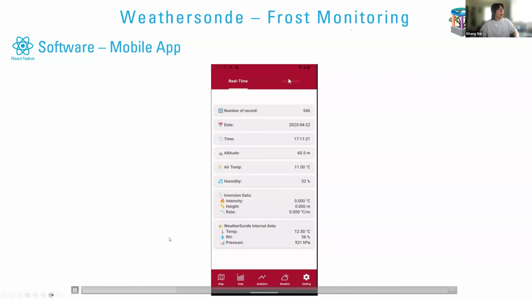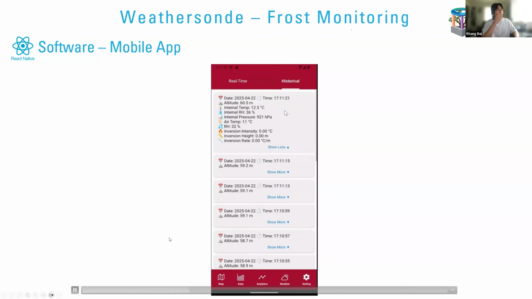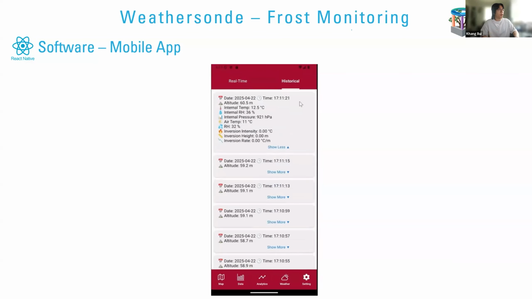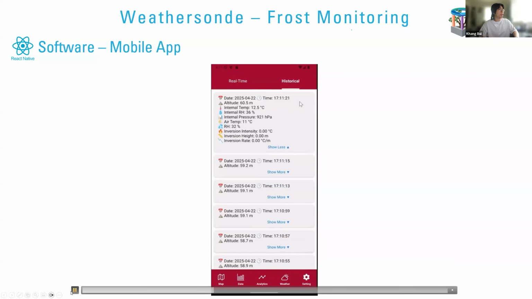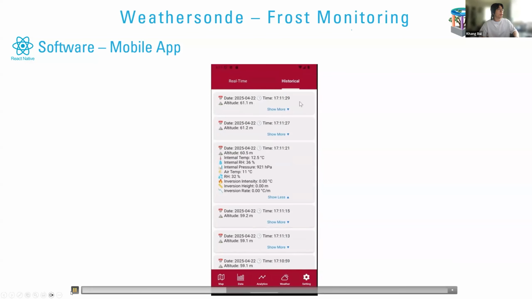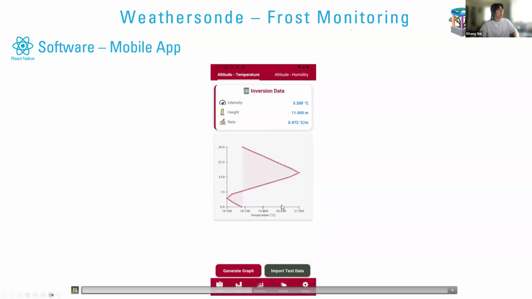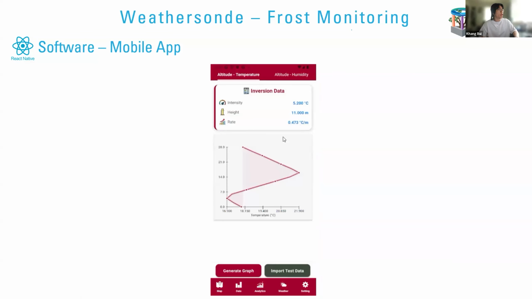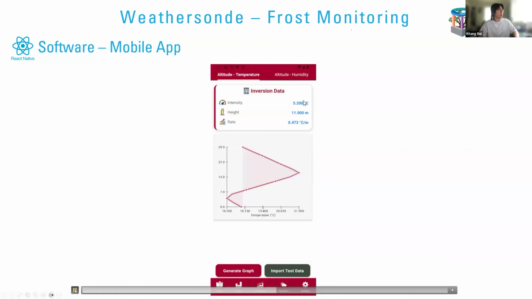On the historical tab, we can see the historical data being stored in our database and shown right here. On the analytics page, we can see a graph of temperature and altitude. We can switch to the graph of humidity and altitude.